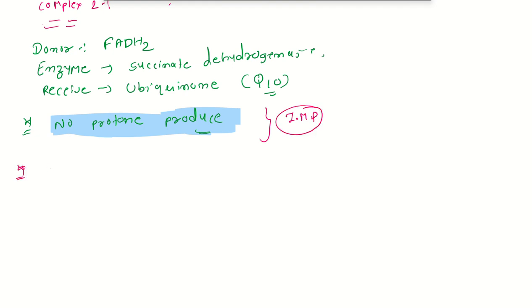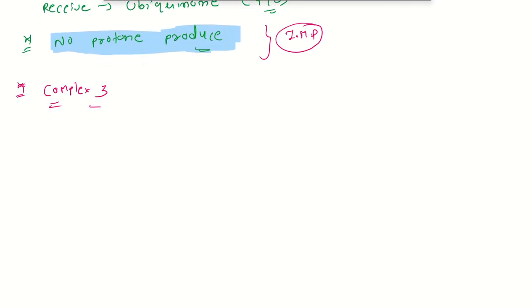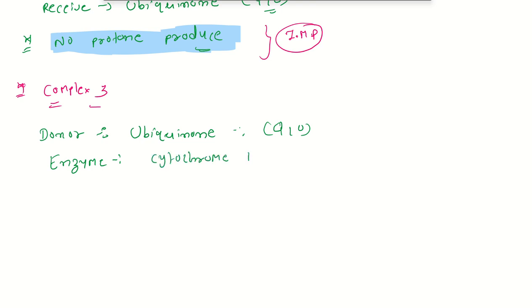Now complex 3. Here the donor is ubiquinone, Q10, the enzyme is cytochrome reductase, and the receiver is cytochrome C. Easy.